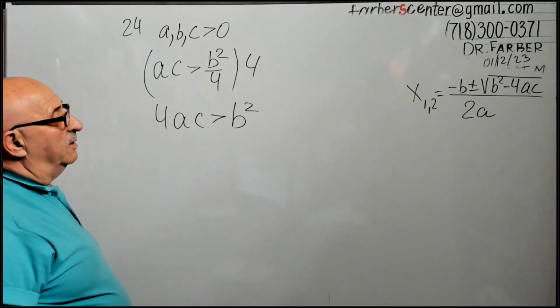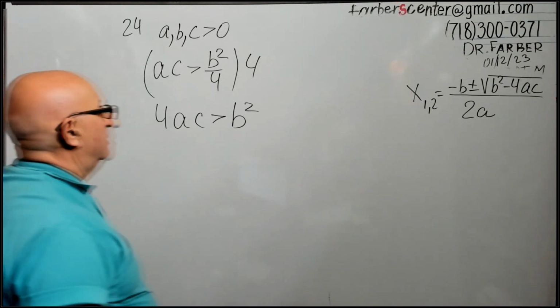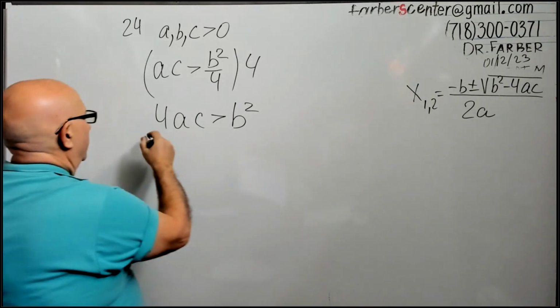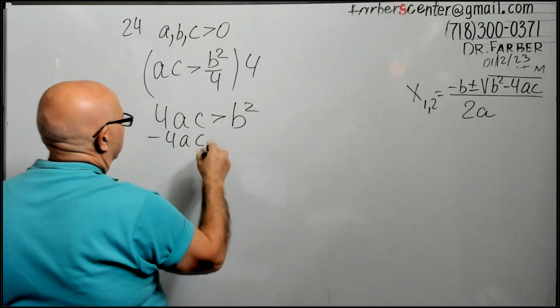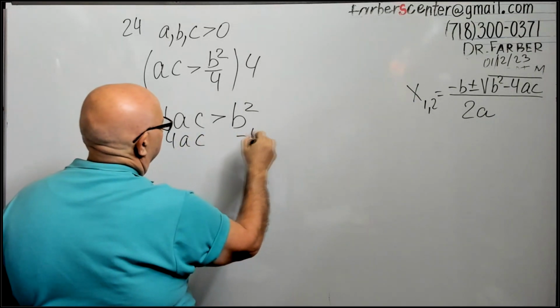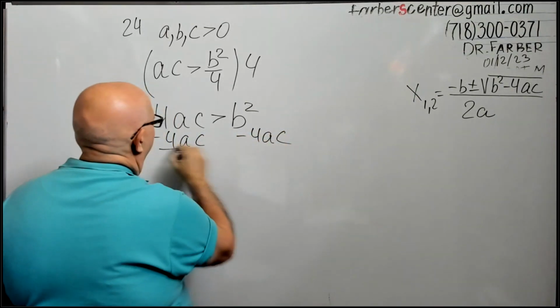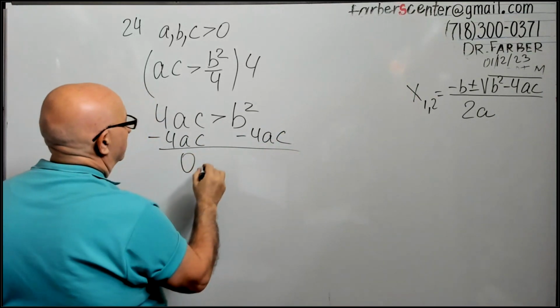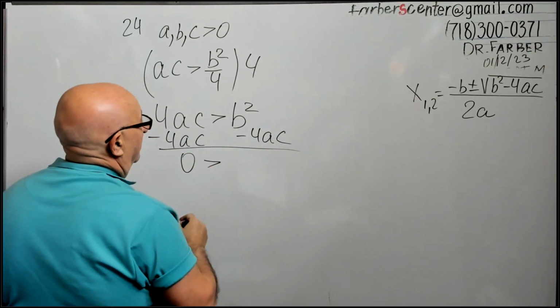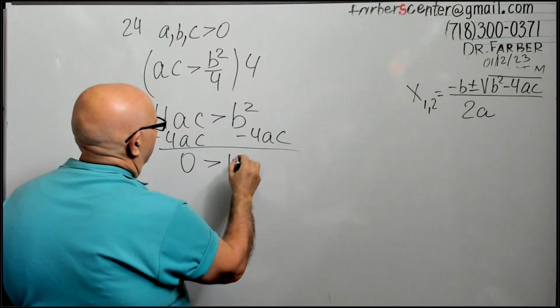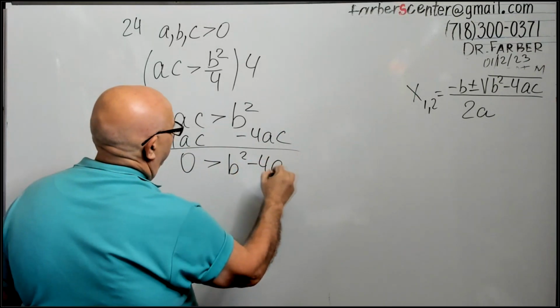How to make it look like the discriminant? b squared minus 4ac. I get 0 greater than b squared minus 4ac.